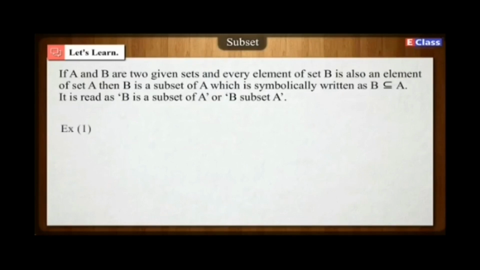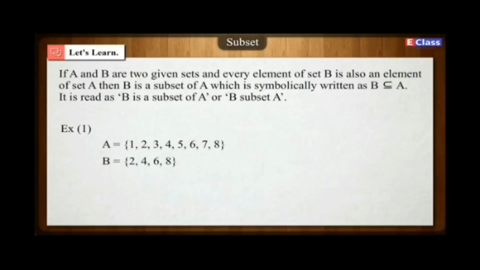Now let's consider an example. Here a set A = {1, 2, 3, 4, 5, 6, 7, 8}. These are all elements of set A. Now let's consider one more set B with the elements 2, 4, 6, 8.